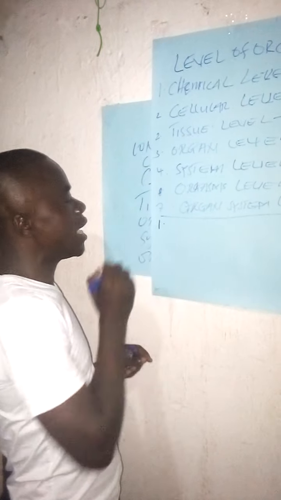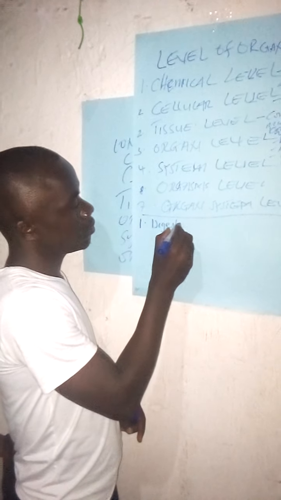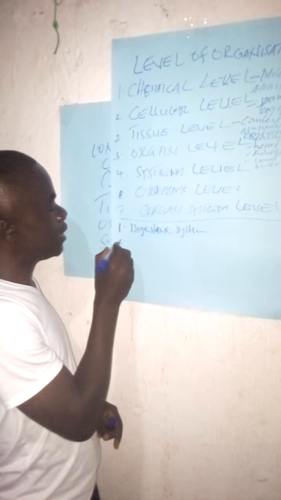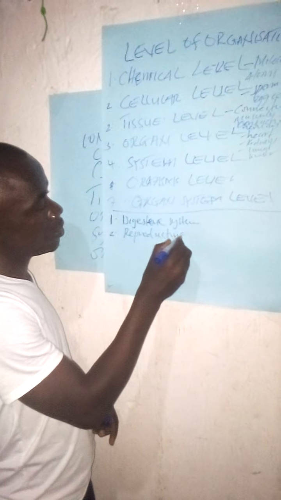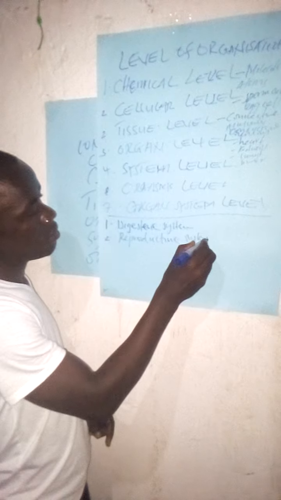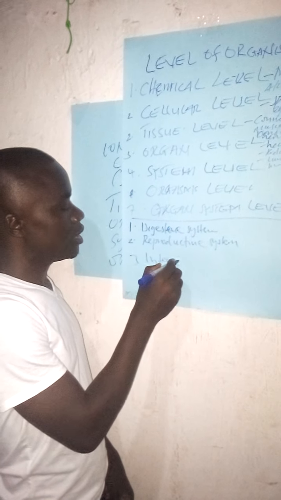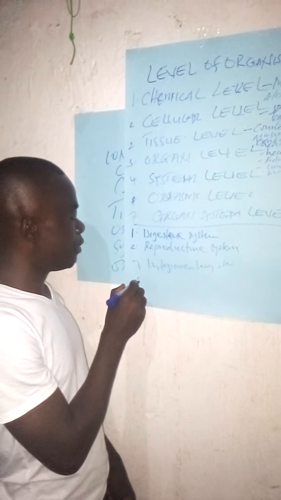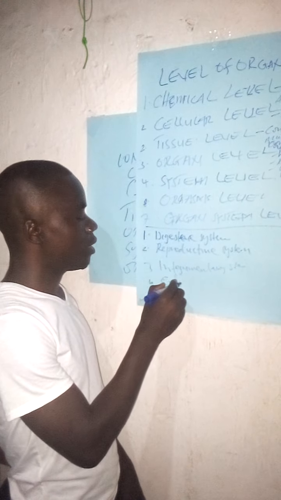We have the digestive system, the reproductive system, the integumentary system, and the endocrine system.